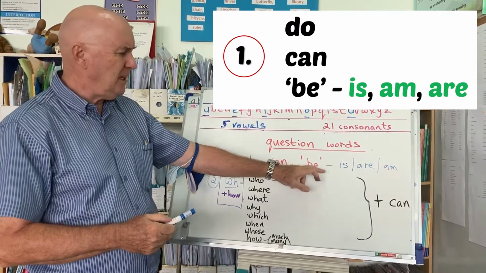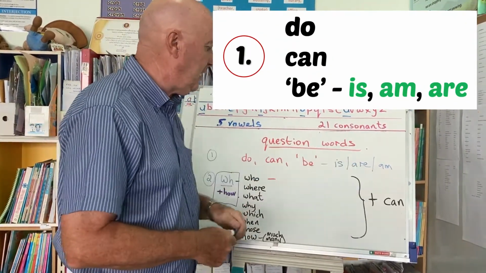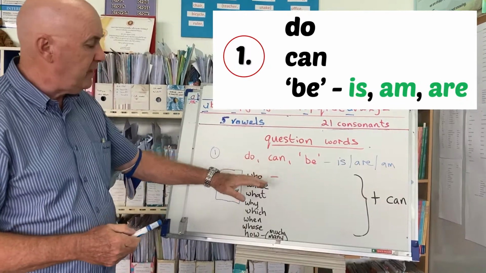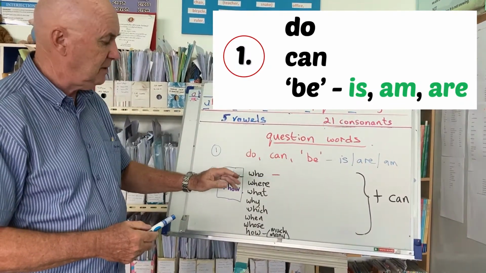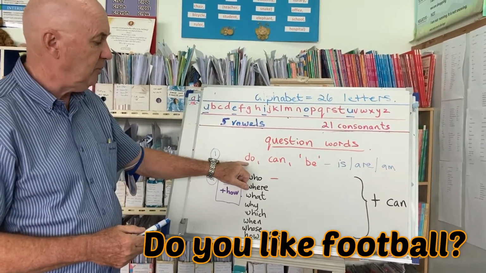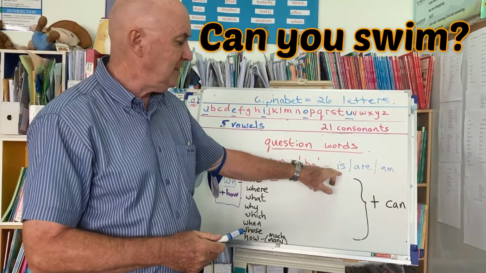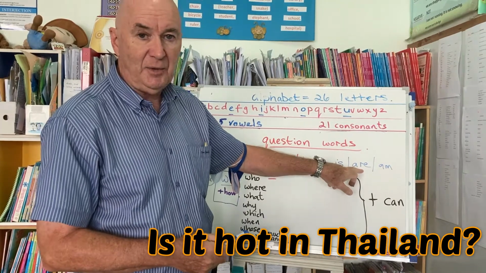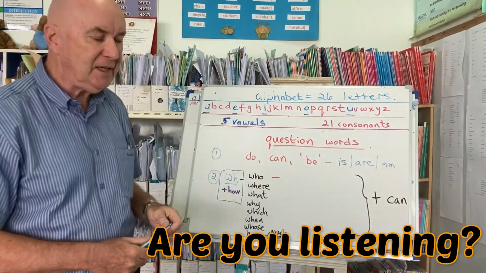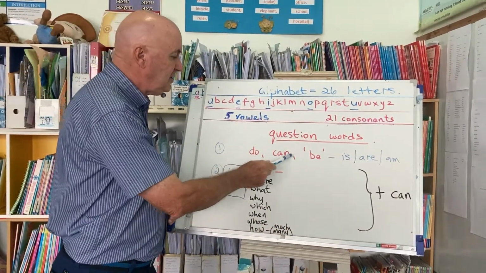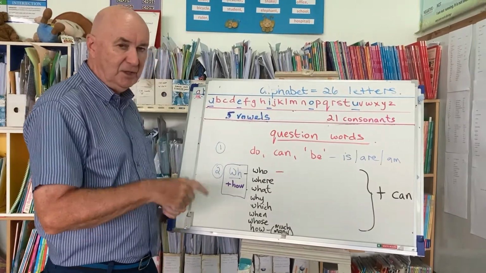And be, we don't say be, we say is, are, am. And we can make a question with them and they come first. Do you like football? Can you swim? Is it hot in Thailand? Are you listening?